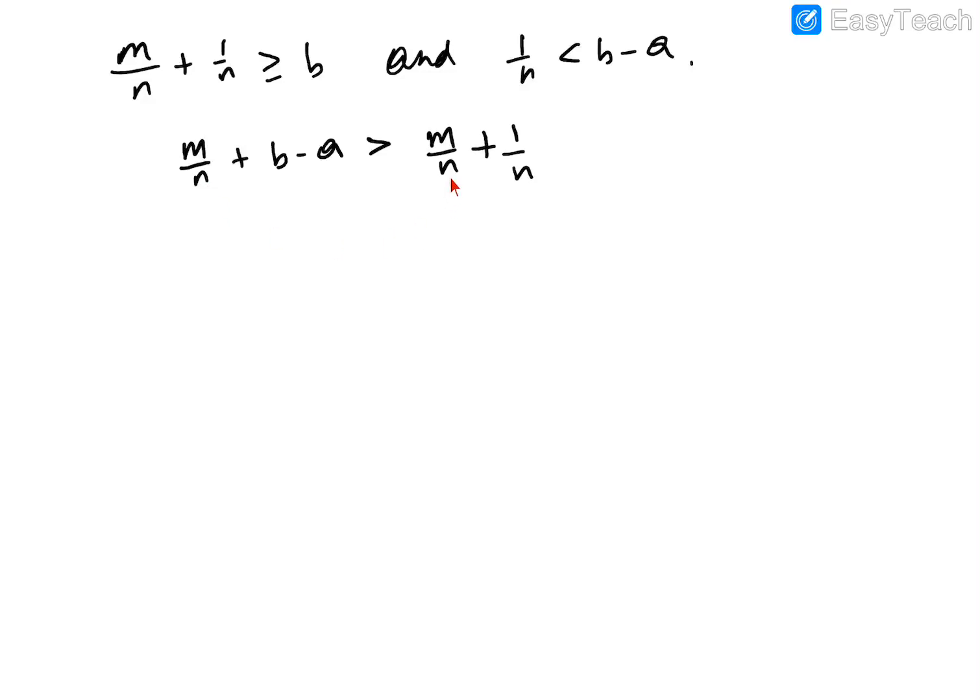This is m over n, and B minus A is greater than 1 over n, by the choice of n. And this is greater than or equal to B because it's just this inequality. So now all of this stuff is strictly greater than B. Okay? So that means m over n plus B minus A is strictly greater than B.